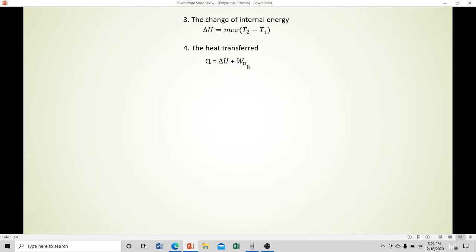So the equation becomes Q, or heat, is equal to change of internal energy plus work non-flow. We know that the change of internal energy is equivalent to mCv(T2 minus T1), and the work non-flow, derived in the previous discussion, is mR(T2 minus T1) over 1 minus n.